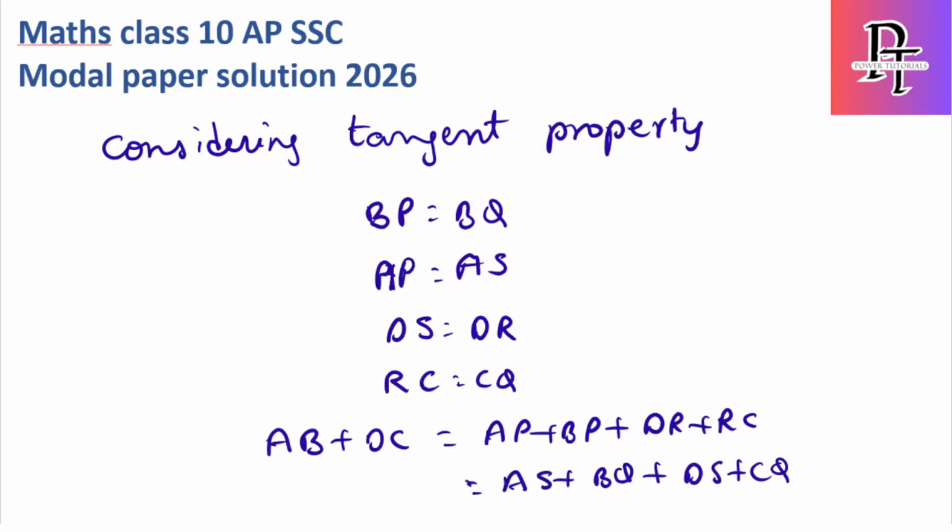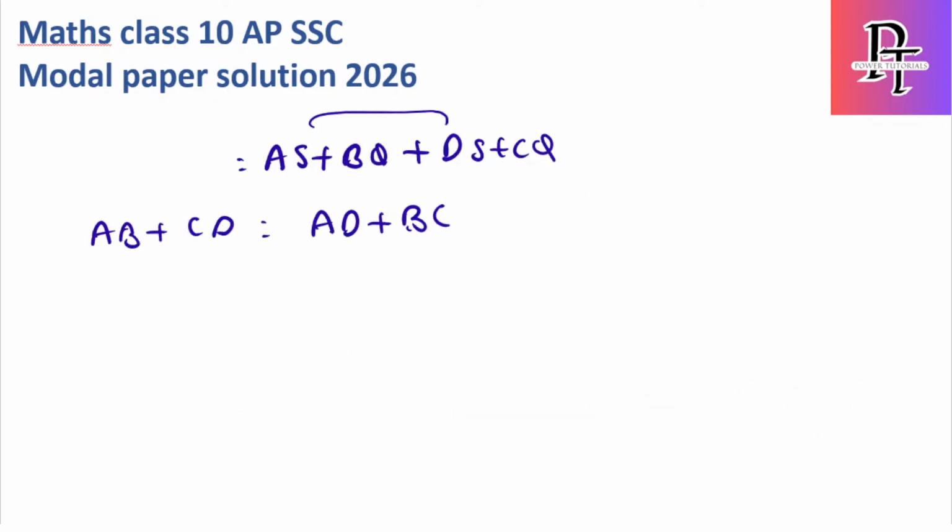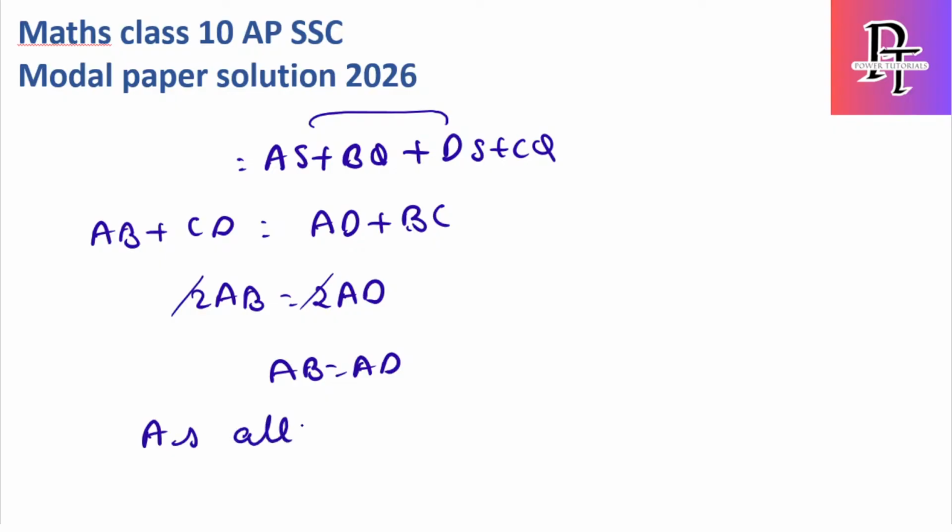But in the parallelogram, what is the statement I have told you? AB and DC are equal, and AD and BC are also equal, so 2AB is equal to 2AD. So 2 gets cancelled out, and I get AB is equal to AD. If two adjacent sides of a parallelogram are equal, then the parallelogram is nothing but a rhombus, as all sides are equal.